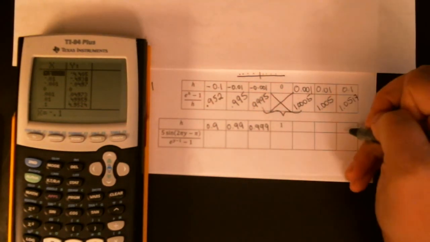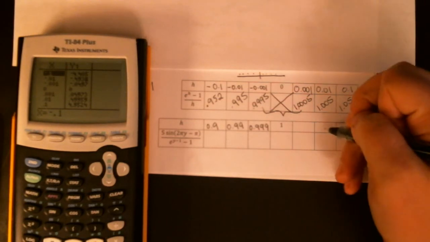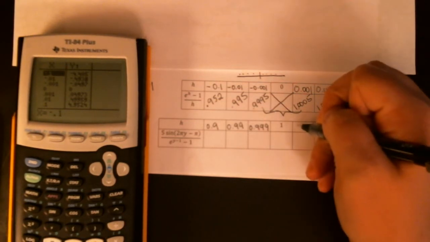And on the other side, I could start at 1.1 and inch my way in with a 1.01 and then a 1.001. So I'm going to rebuild this table. Okay, and there's my undefined right in the middle.